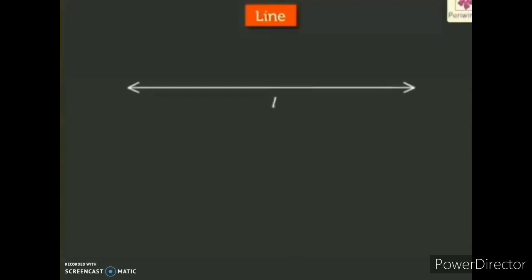Anyway we can name. Or we can name with a single alphabet also, line L. And we can read it as line L. Okay? So let's, children, move on to line segment.